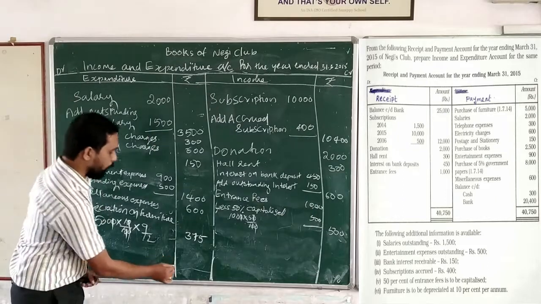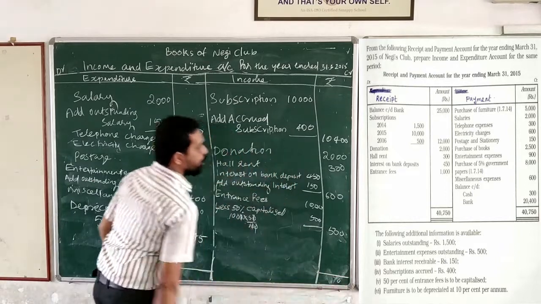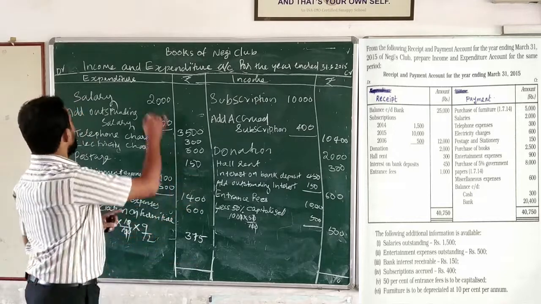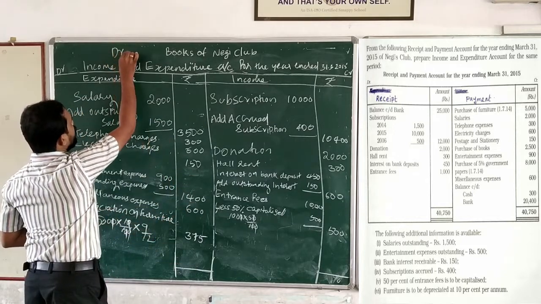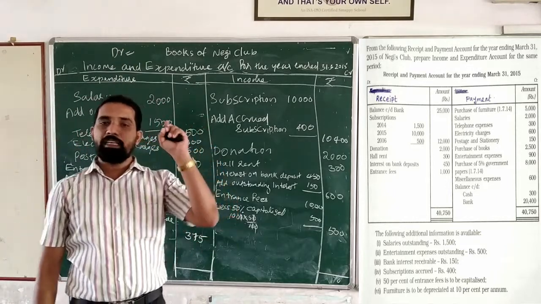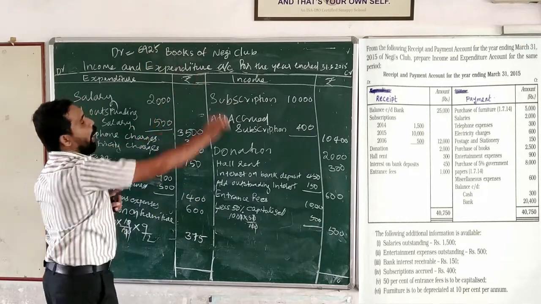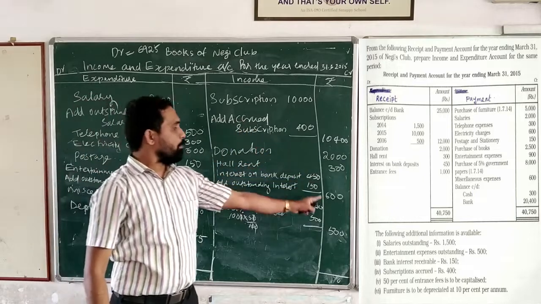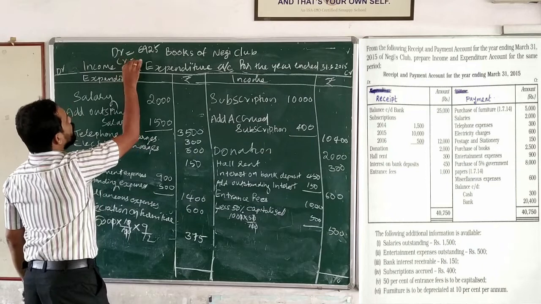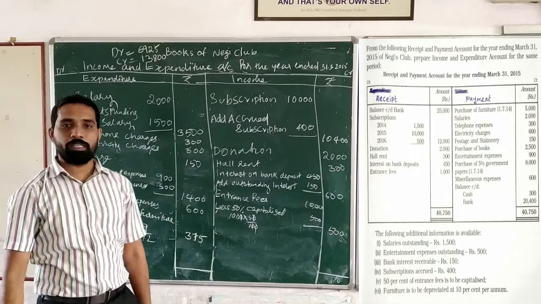Finally, we can close this account. Here also we can draw the line. Here we can add this expenditure side. So that is the debit side total. We can add these items. We'll get the amount 6,925, and the income side total, that is the credit side total, 13,800.